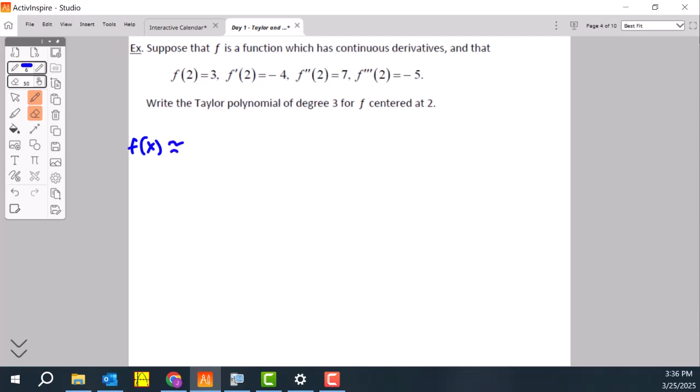Now, since the polynomial is an approximation for f, we're just going to put f is approximately this third degree polynomial, and we use P3 as a naming structure.